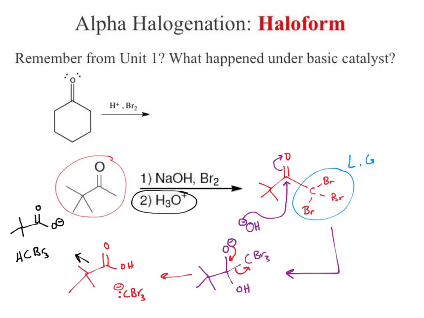Even further, why would that be problematic? What would your nucleophile be if we ran under acidic conditions? Water would end up being our nucleophile, and water is a weak nucleophile.